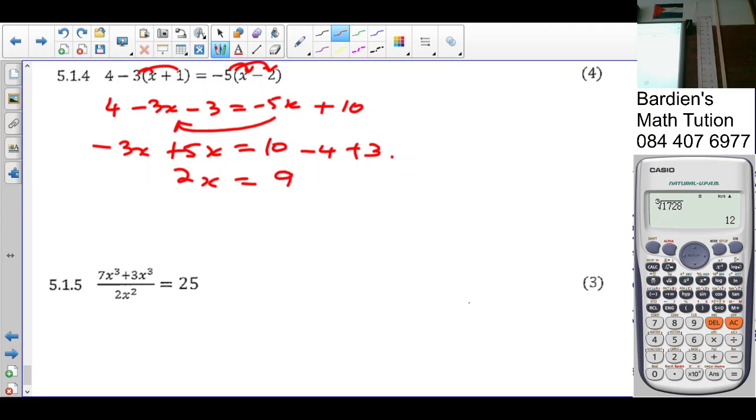Now what? Divide by 2 both sides. So to get x on its own, whatever the coefficient is of x, you divide it both sides. So x is equal to? Okay, do you guys understand? Any confusion? No? Yes?